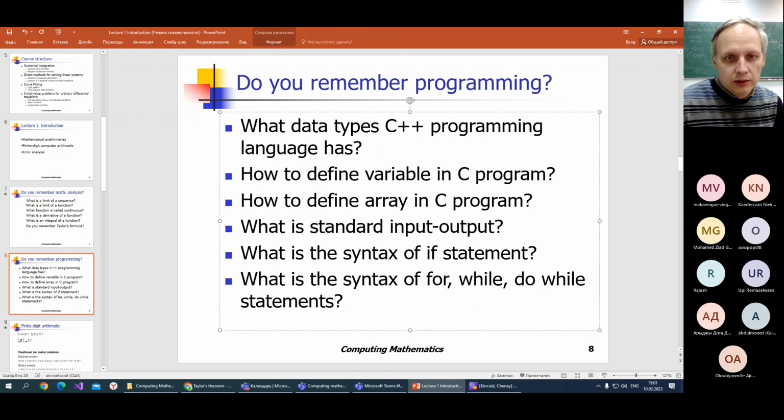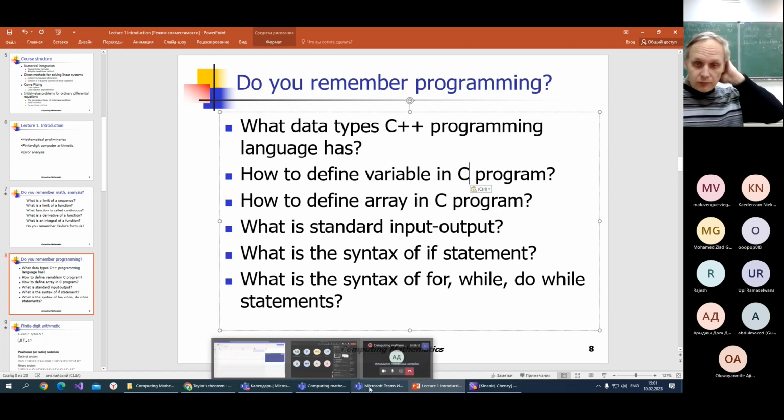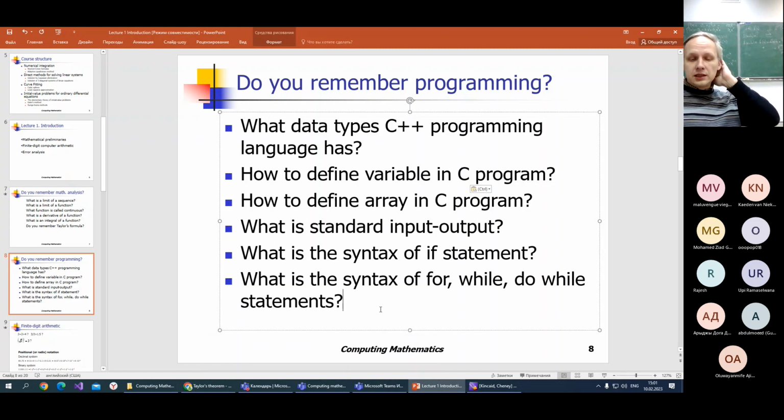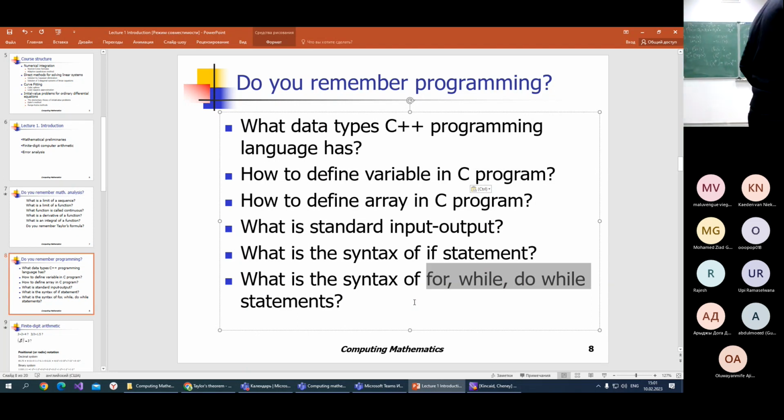Of course, I can write here C++, but it doesn't matter. It's enough that you review the main topics: for, while, do while statements, input output, arrays, and so on.